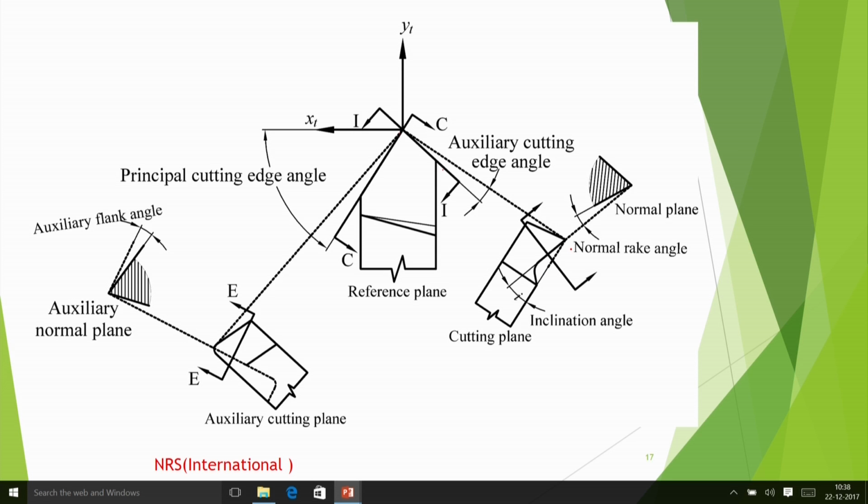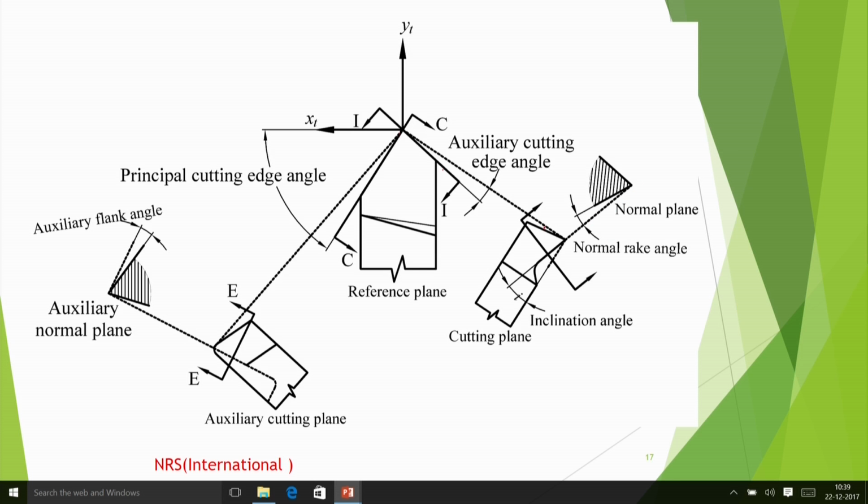So this plane is the common, and in this particular plane we have got inclination angle. This is inclination angle I, and if I cut it, some plane normal to the cutting edge, then you get another plane that is called normal plane. On this plane whatever is the angle, that you are designating by normal rake angle. So that type of system you have done.